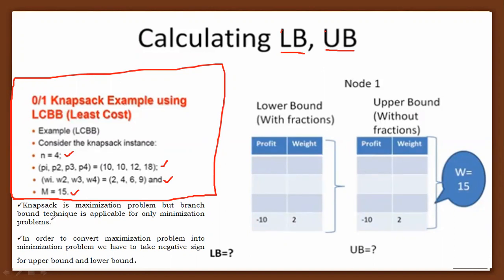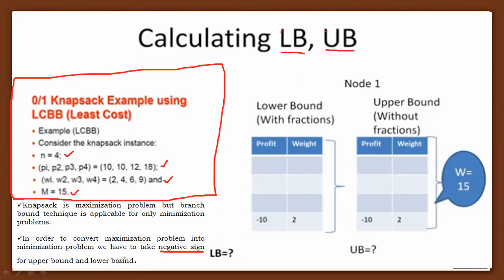Since the given problem is a knapsack problem where we always focus on maximization, in order to convert the maximization problem into a minimization problem, we have to take negative signs for both the upper bound and the lower bound while calculating.